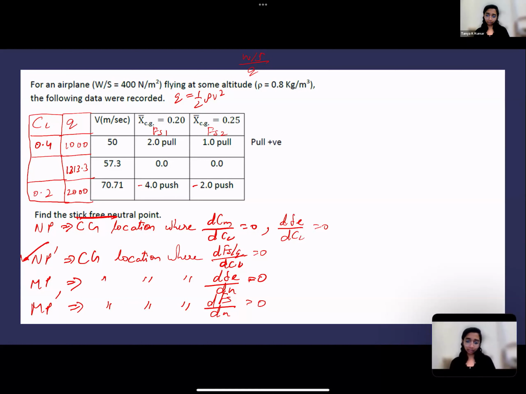What's the second one? I'm getting 0.3046.